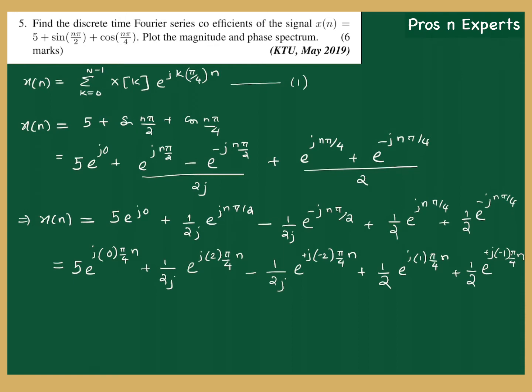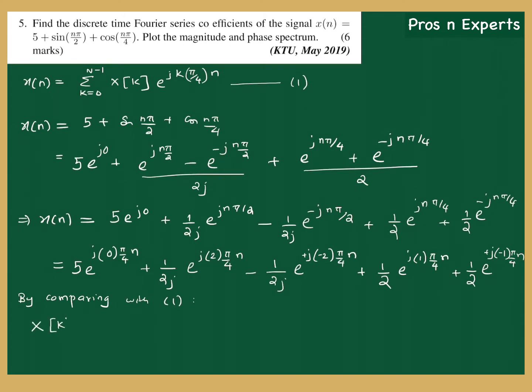So x of k equal to 5 for k equal to 0. By comparing with equation number 1, I can arrive at the following conclusions.